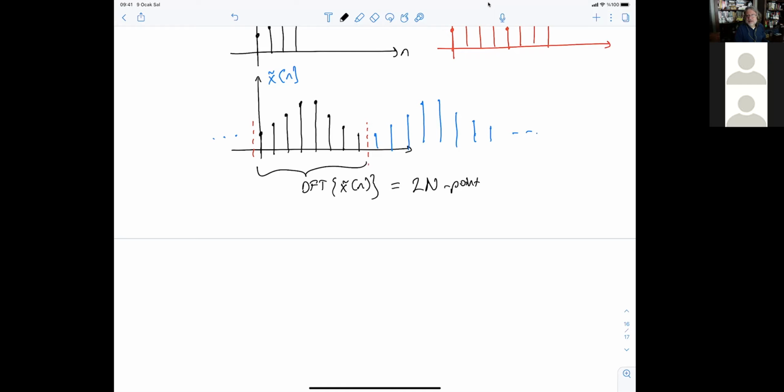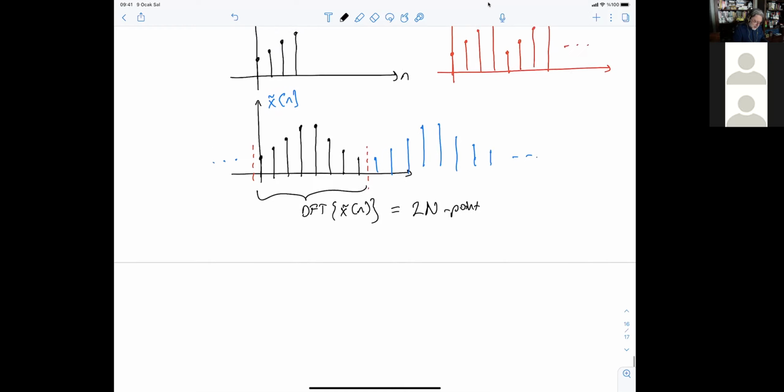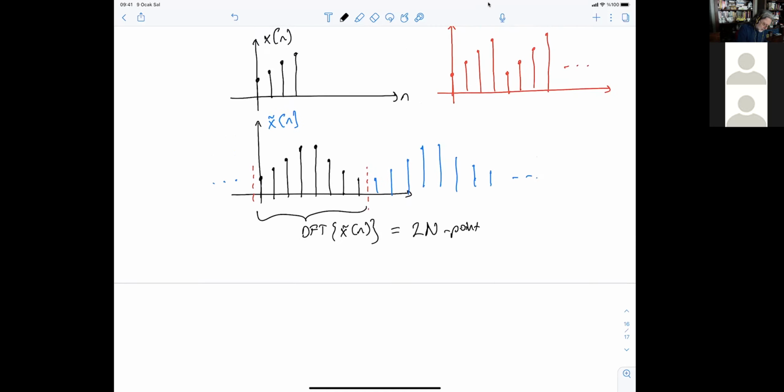So it's a longer DFT that I have, but it's real. Can you understand the compromise between the DFT of this one? 2n point real DFT is here, but if you take the DFT of this one, you will have n point DFT, but it will be complex. So which one would you choose?